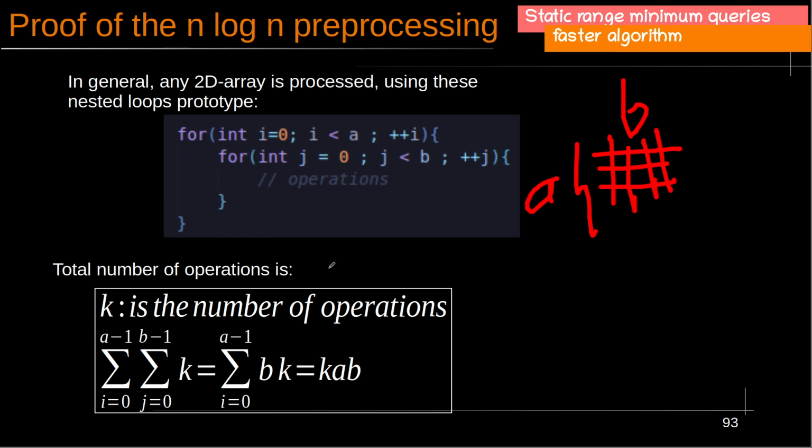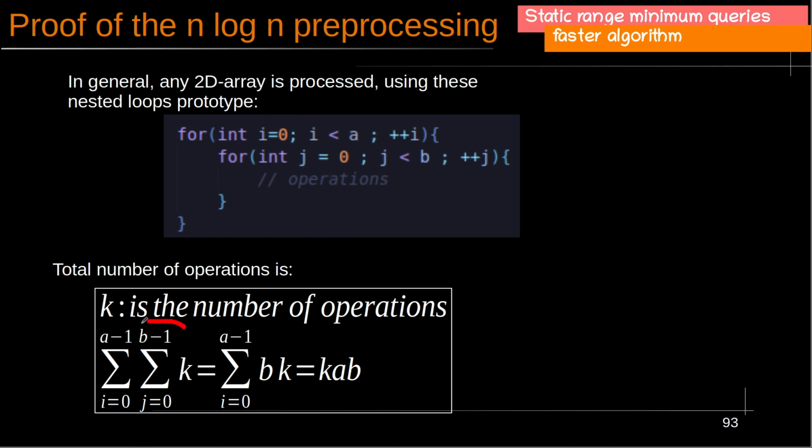How do we compute the number of operations? Let's assume that we have K operations per iteration. So it's the sum for i from 0 to A minus 1 for this loop, and the sum for j from 0 to B minus 1 for this loop, of K operations.